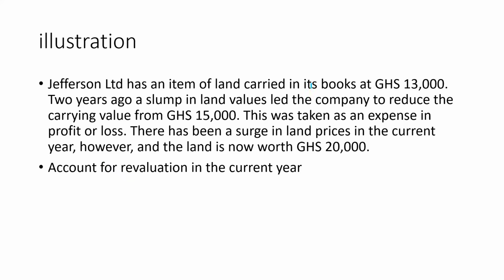Jefferson Limited has an item of land carried in its books at what? 13,000. So currently the value of the land is 13,000. That's the carrying amount. So 2 years ago, a slump in land value led the company to reduce the carrying value from 15,000. So 2 years ago, it was 15,000.